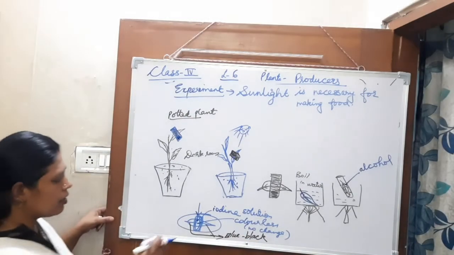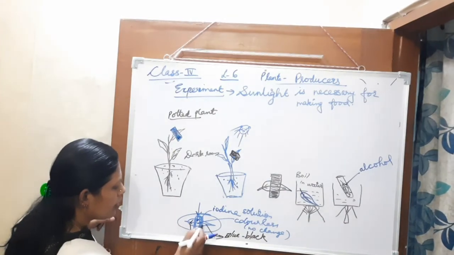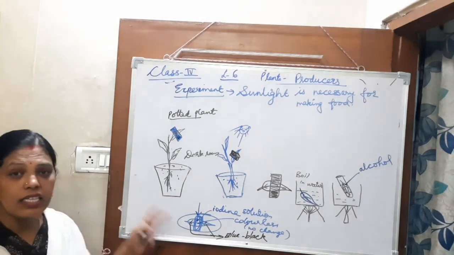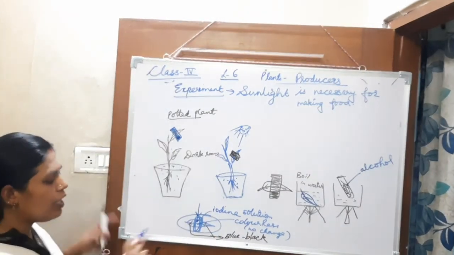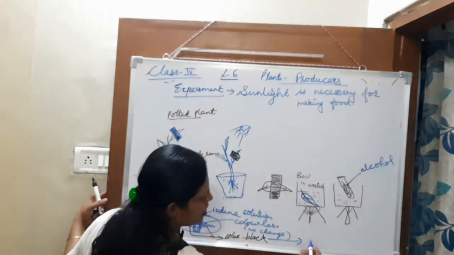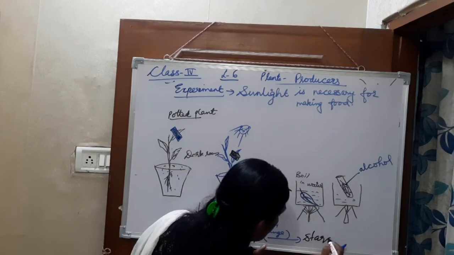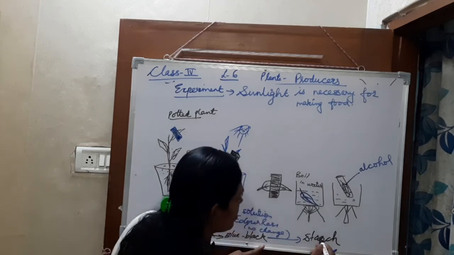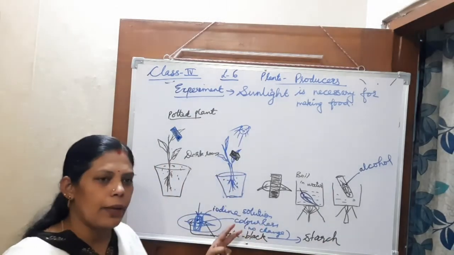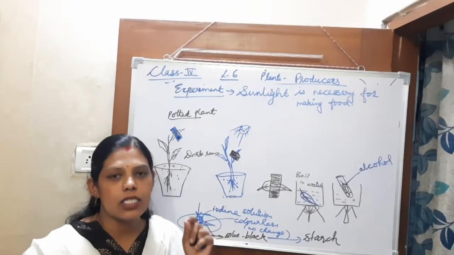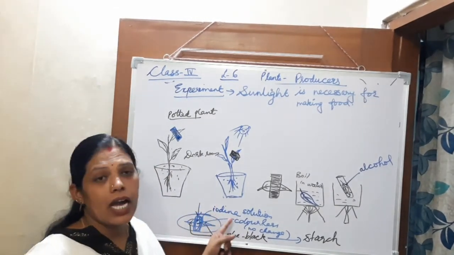It means that portion gets the sunlight, and it prepared the starch. So we can know whether things contain starch with the help of iodine solution.